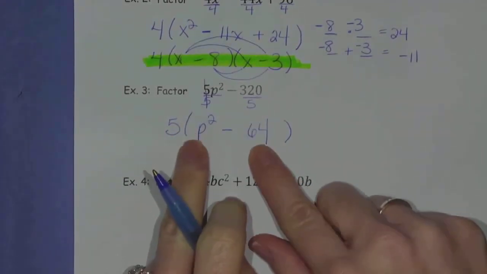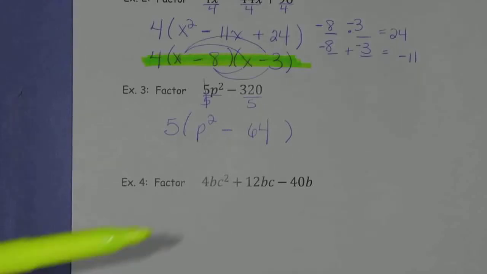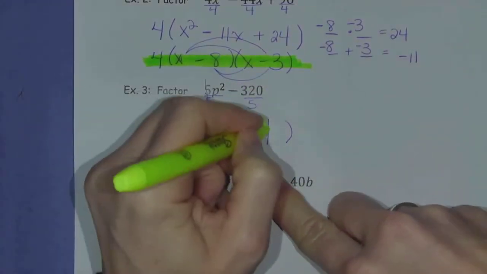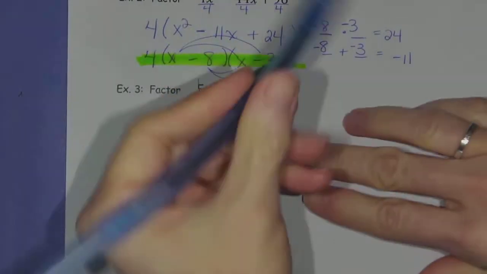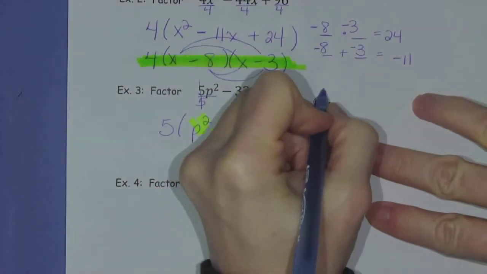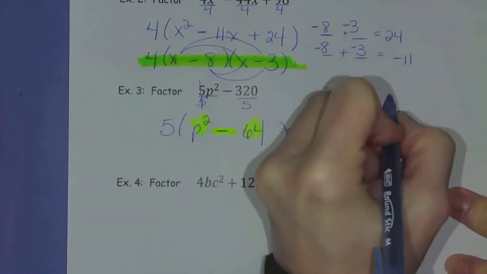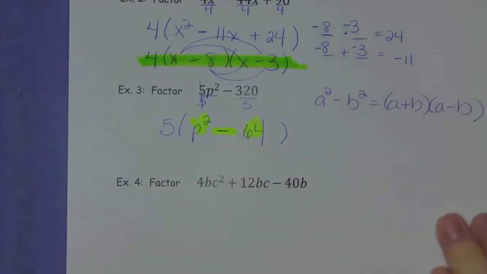All right, now I'm examining what remains, and what I'm seeing is a difference, remember this lesson, of 2 perfect squares. So we have to think back to a squared minus b squared, factoring into the quantity a plus b times the quantity a minus b.